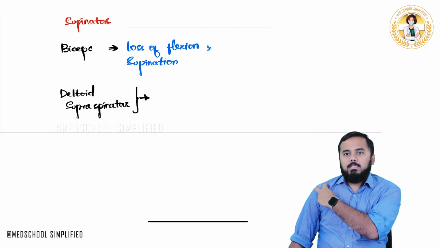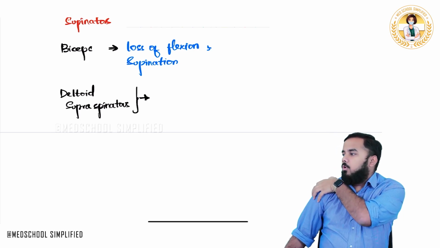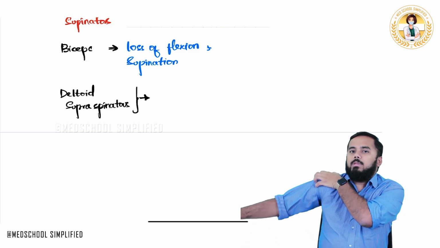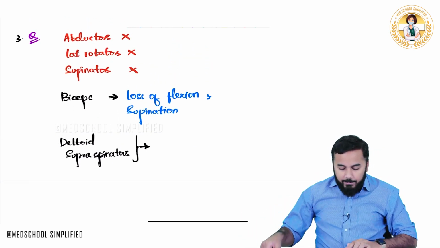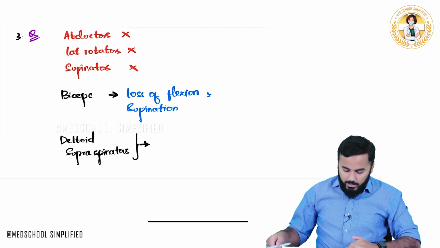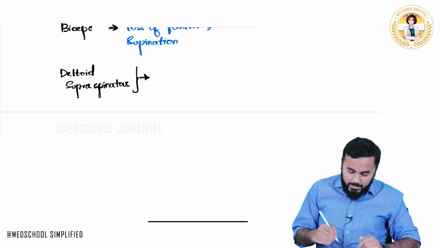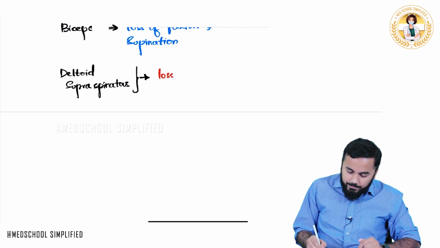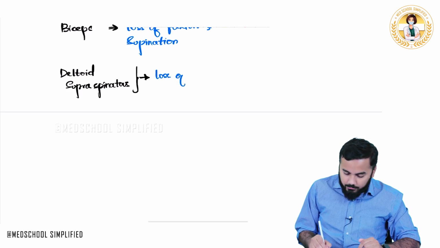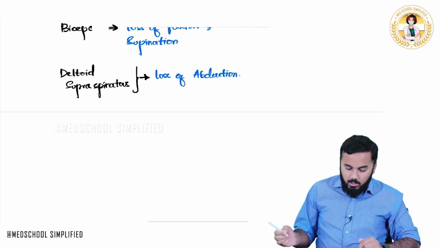Both of these muscles perform a similar function, that when I am contracting here, my arm is abducting in this way. So what did I tell you? In this patient, abductors are not working. So the deltoid as well as the supraspinatus muscles are also not working. That is the reason why there is loss of abduction.